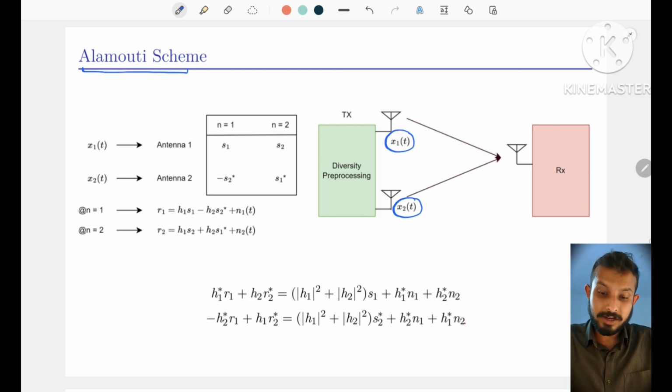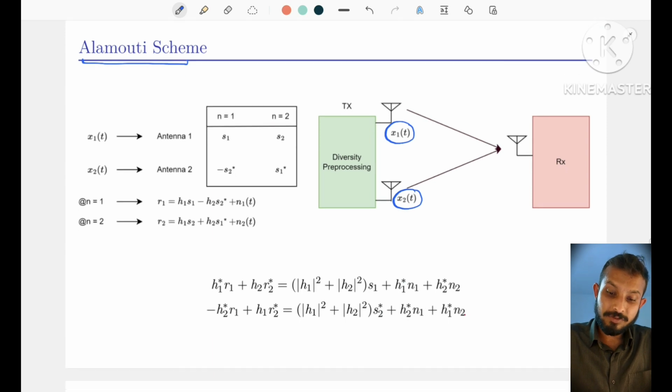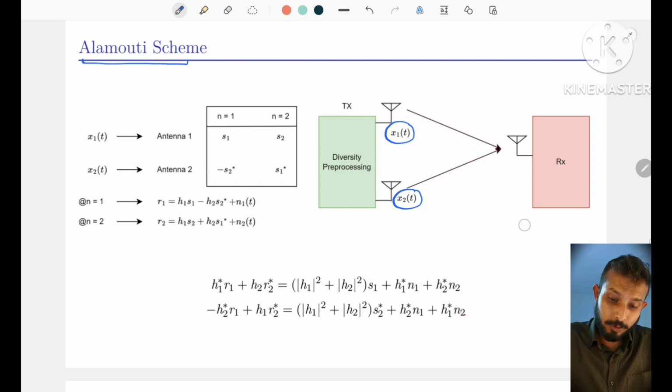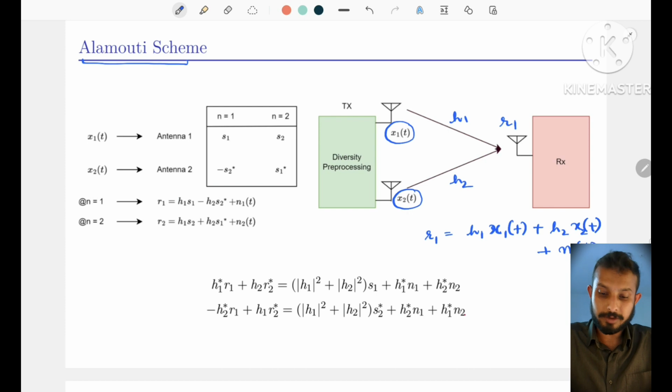Earlier, if we recall, in receiver diversity, we said that if we just directly combine these two signals X1(t) and X2(t), we do not gain any benefit in terms of diversity. And this we have seen earlier. Moreover, if we treat this as the received signal, let's say R1, then R1 is H1 X1(t) plus H2 X2(t) plus noise, where H1 and H2 are the channels.